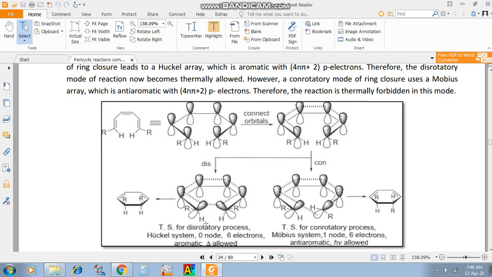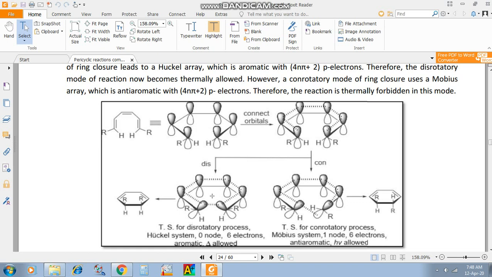Whereas when you are considering the disrotatory process, you can see that both of them are rotating in the opposite direction. All the shaded lobes are interacting. So it is a 4n+2 system with 0 nodes. It's Huckel aromatic, so it's a thermally allowed process. So it's very simple to arrive at the conclusion by taking either the frontier molecular orbital method or the perturbational molecular orbital method.